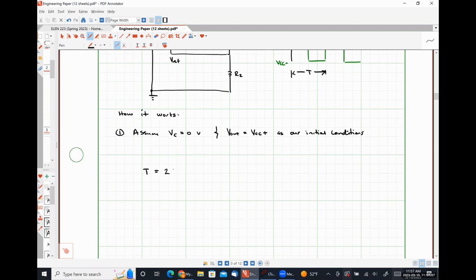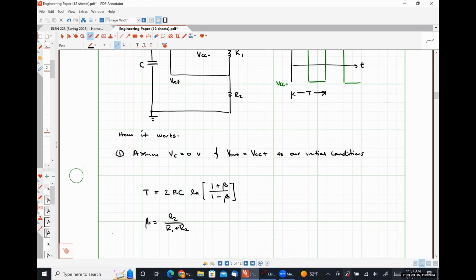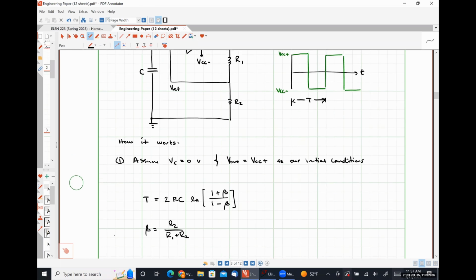It is twice RC times the natural log of (1 plus beta) over (1 minus beta), where beta is equal to R2 over R1 plus R2. So effectively, it should make a lot of sense.